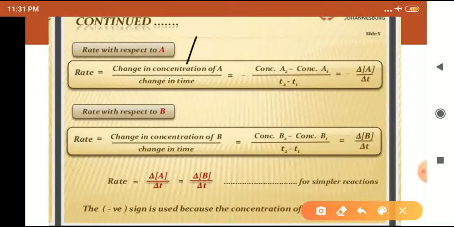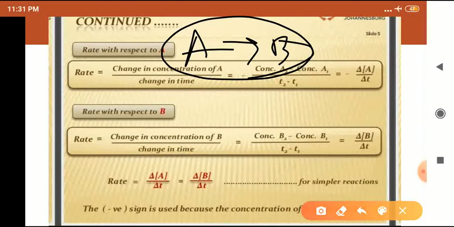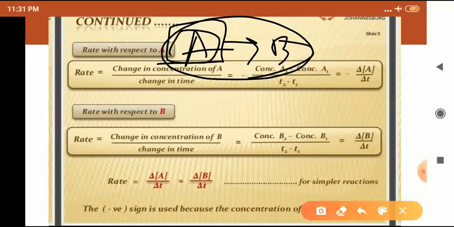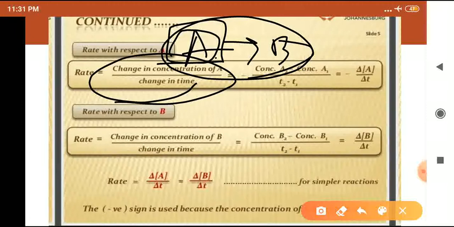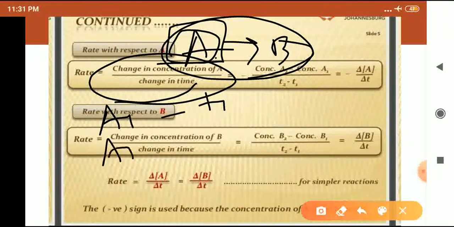Let's take an example: A gives B. Rate of reaction can be expressed both in terms of the reactant as well as in terms of the product. A here is a reactant. For it, rate of the reaction with respect to A is change in concentration by change in time. Let A1 be the concentration at time T1, and A2 the concentration at time T2.